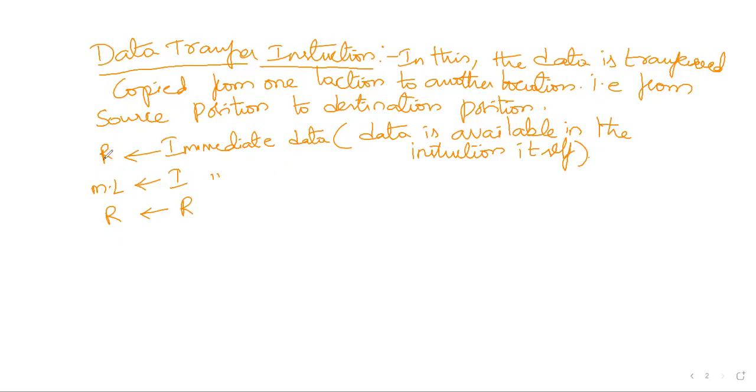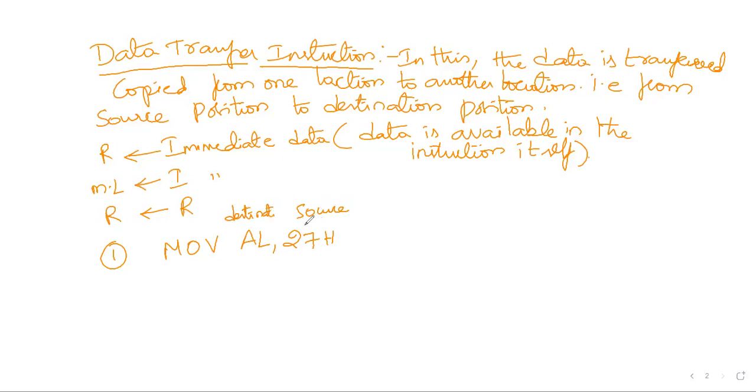For example, the first category: MOV AL, 27H. Here 27 is immediate data. It is 8-bit immediate data, and it is in the source position, and AL is the destination position.